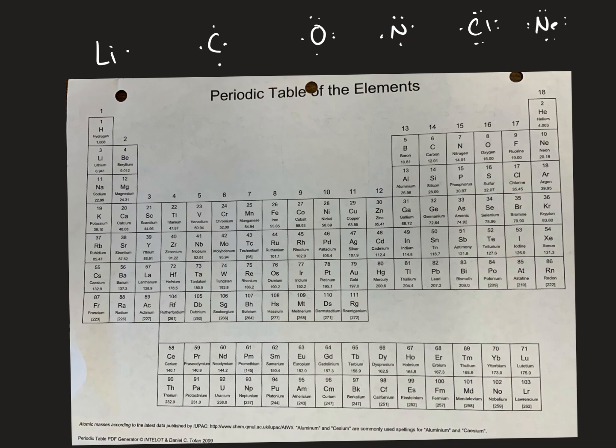Group 1 has 1 valence electron. Group 2 has 2 valence electrons. Group 13 has 3 valence electrons. 14 has 4. 15 has 5. 16 has 6. 17 has 7. 18 has 8, except helium, which only has 2.